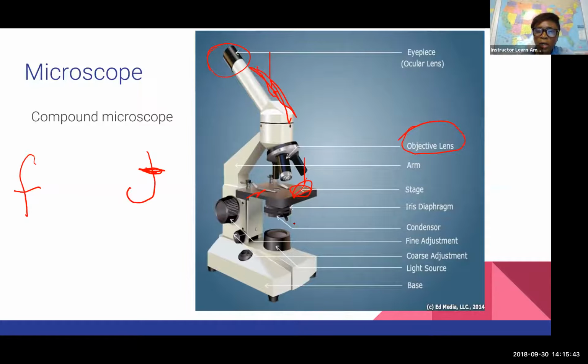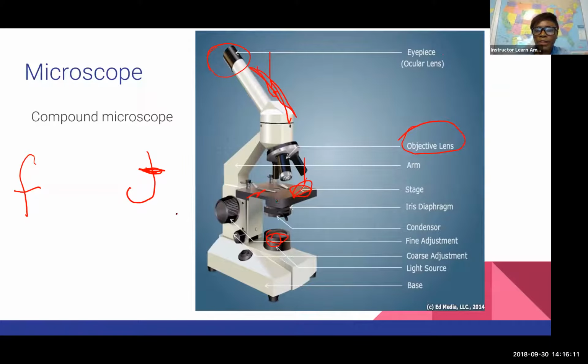If it's a dark substance, something that's heavily stained, you're going to want to brighten the light by using the diaphragm. So the diaphragm usually has different size openings, and there's an iris diaphragm and a disc diaphragm. And so that allows the light, which is down here, to pass through the specimen up into the objective lens to allow you to see the object.